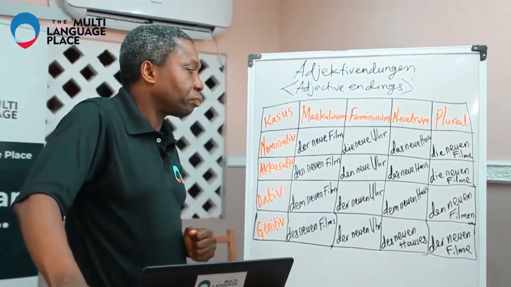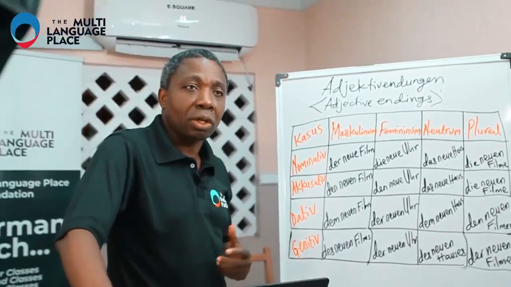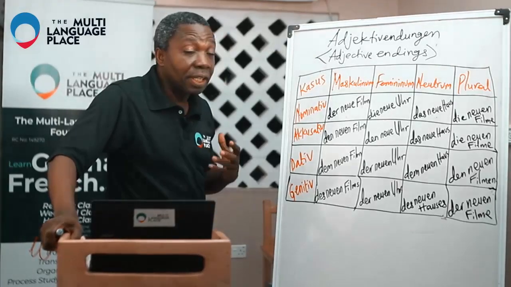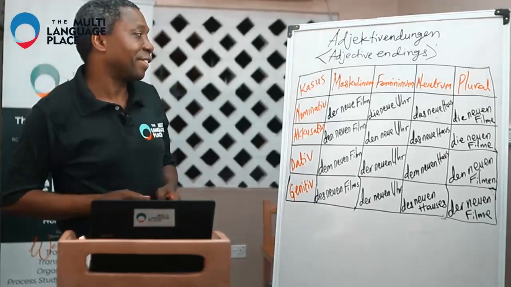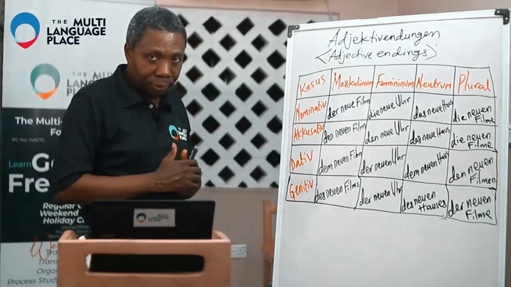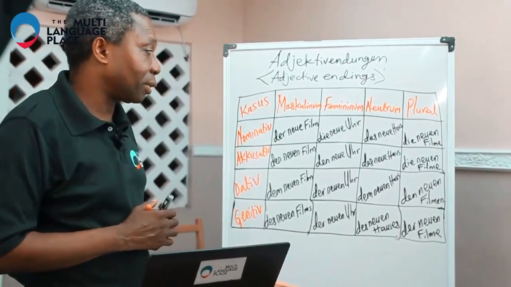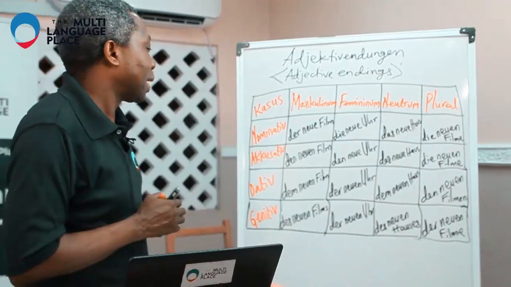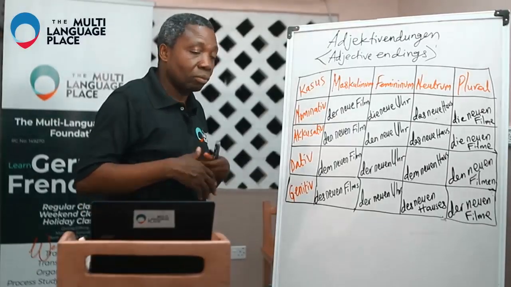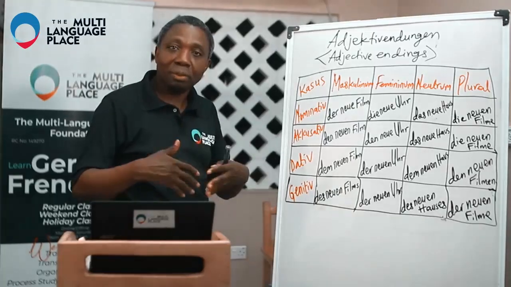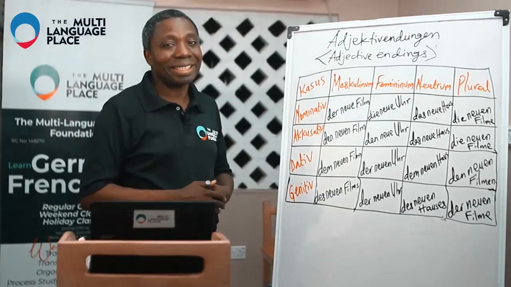With this table, you can easily answer a lot of questions, and you can easily fill in a lot of gaps when it has to do with adjective endings. So we just go through the tables with a little explanation, and with that, I will give you maybe exercises that we can do to really practice what is on the table.